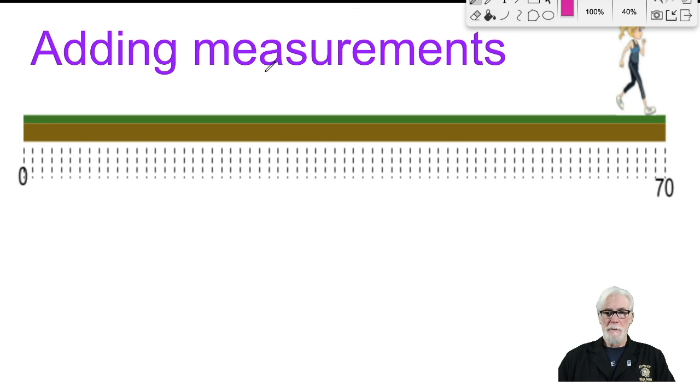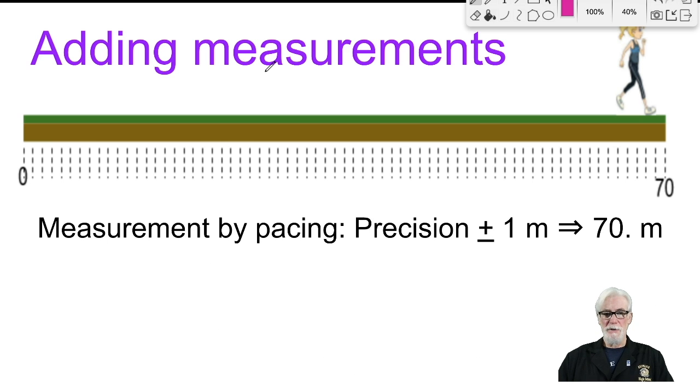Let's learn about adding by taking a look at a case. Let's imagine that the length of a field in a park was originally decided by having someone just pace off 70 meters. They happen to know that their precision, because they've tested it out maybe, is plus or minus 1 meter when they measure by pacing.